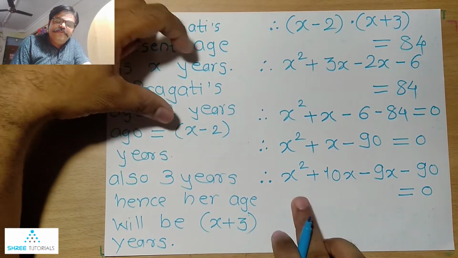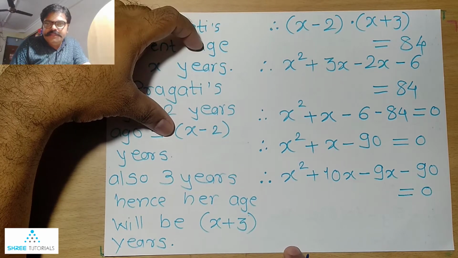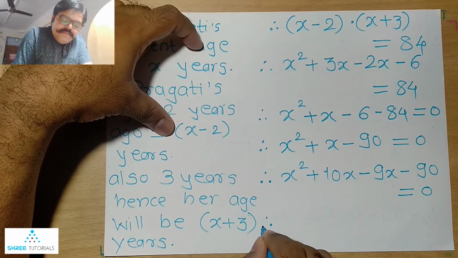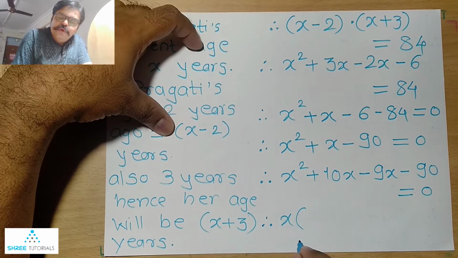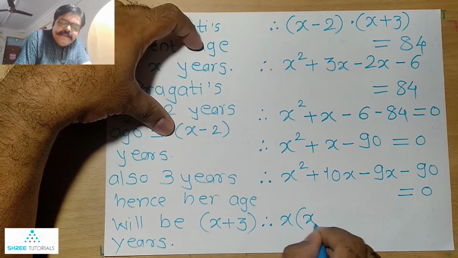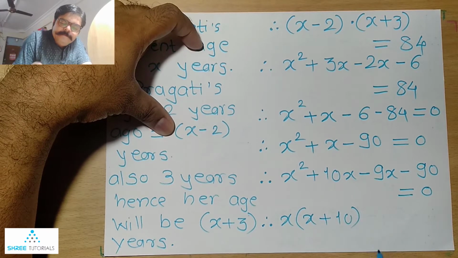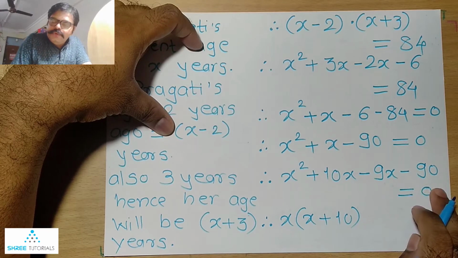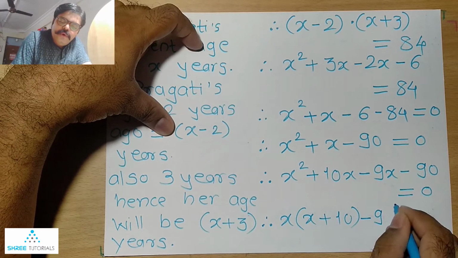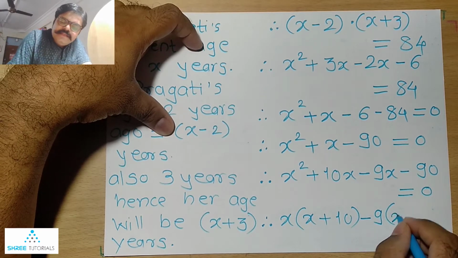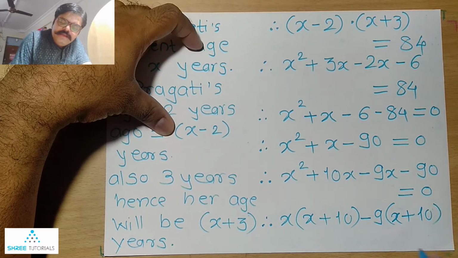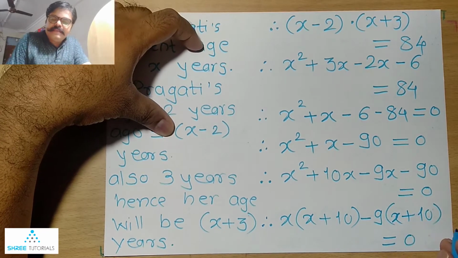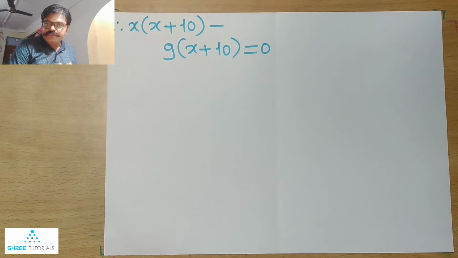From the first two terms I am going to take x common. What remains inside is x plus 10, and from the last two I am going to take minus 9 common. What remains inside is also x plus 10. Equal to 0 will remain as it was. So that is the equation we are going to solve further.